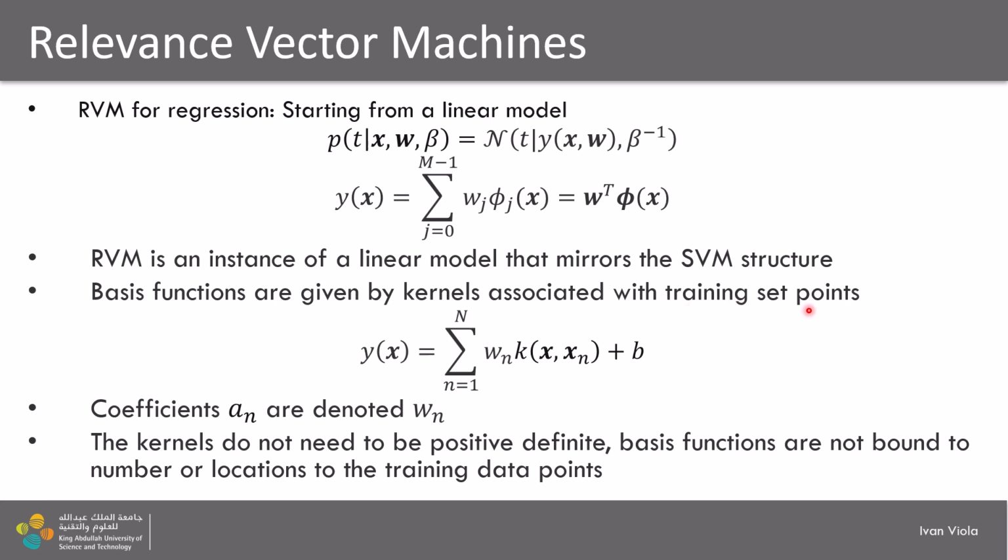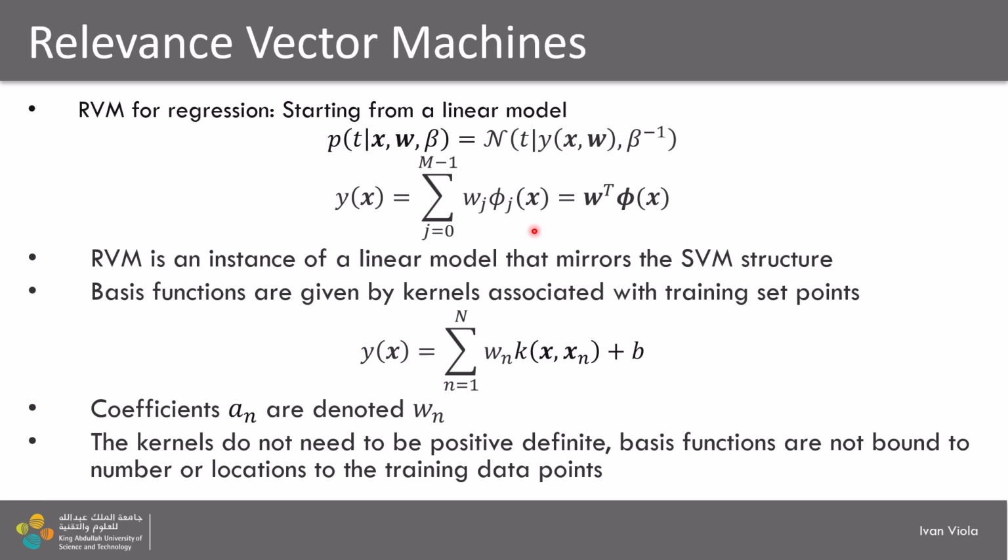So we can see here the formulation for the relevance vector machine, where we have the function y, with the same formula as we had before for the support vector machines, except that the Lagrangian multiplier a_n is now called w_n, but it is more related to the a_n than to the weights we are familiar with from the linear models.